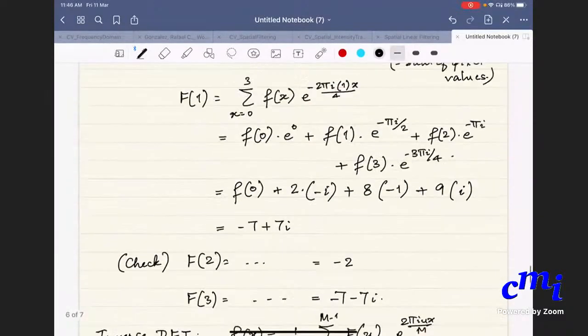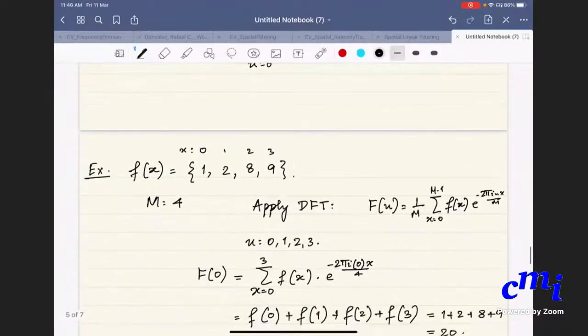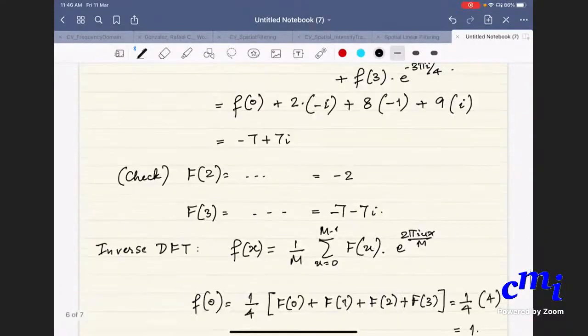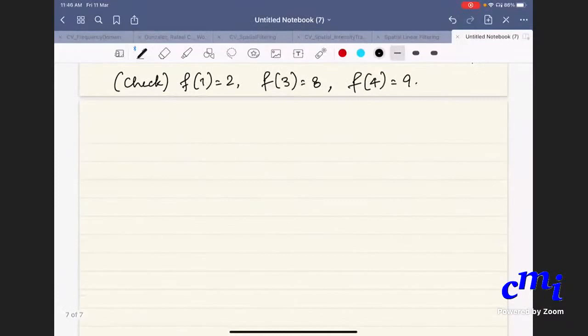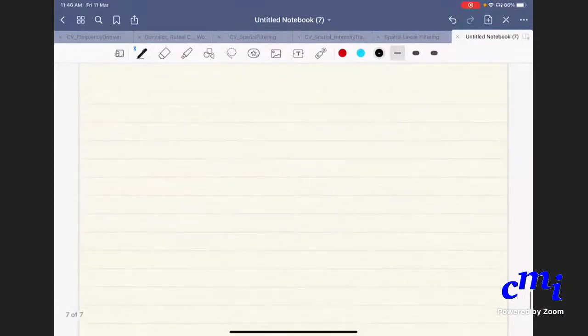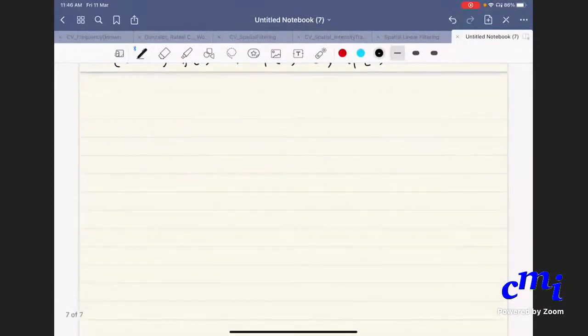All right, so this is just a small example of application of DFT and IDFT to discrete data. Okay, and so now let me just write down the formula in 2 dimensions. And this is what we will be actually using.